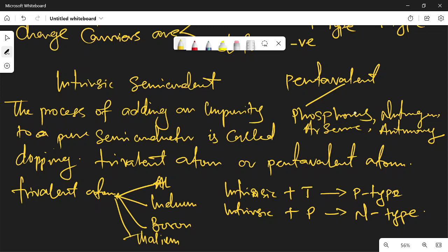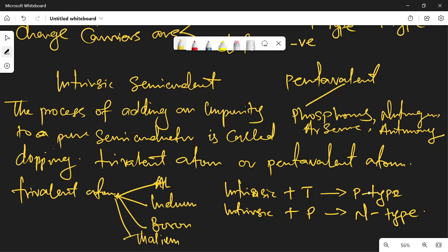So there are more elements under pentavalent. If you have phosphorus, nitrogen, arsenic or antimony added to an intrinsic semiconductor, you are going to have the n-type semiconductor. For an intrinsic semiconductor that you add a trivalent atom to, you are going to have the p-type semiconductor.